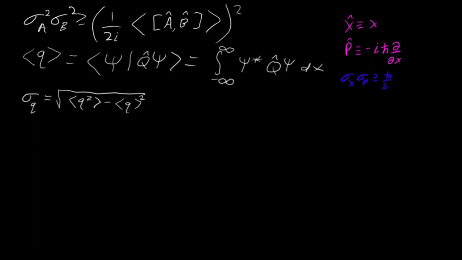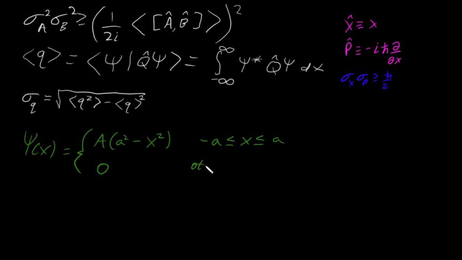I've got some wave function, psi of x, a piecewise function. It is capital A times little a squared minus x squared when negative a is less than or equal to x is less than or equal to a, and 0 otherwise.